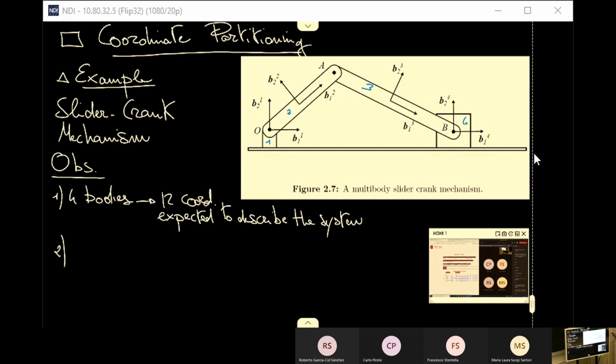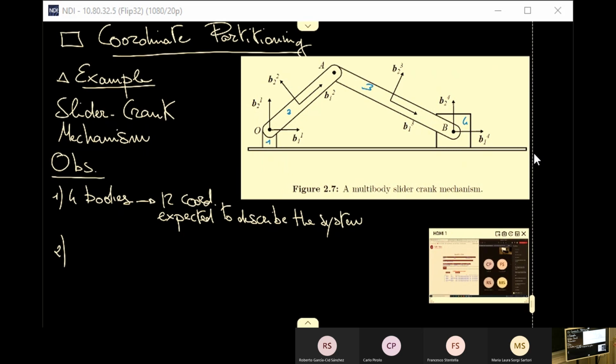So how many constraints do you see here? Let's say here we have a clamp, so we have 8 constraints. No, that's too many.